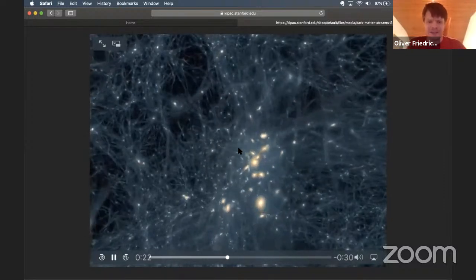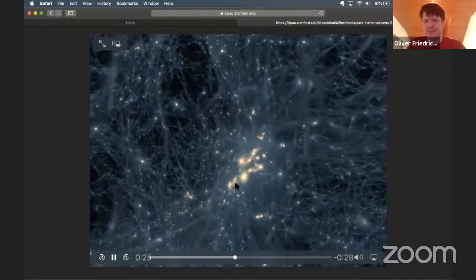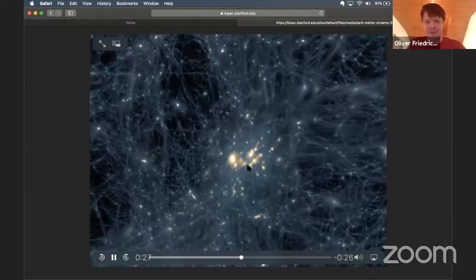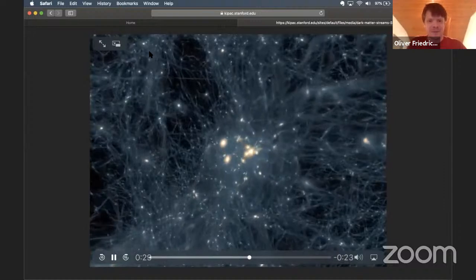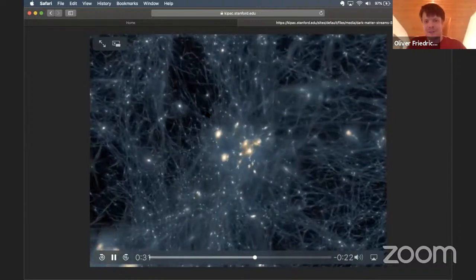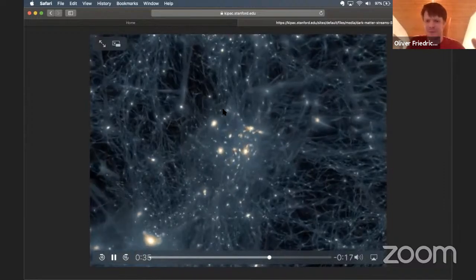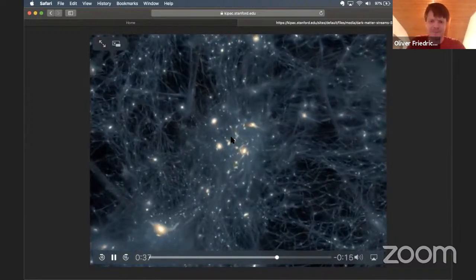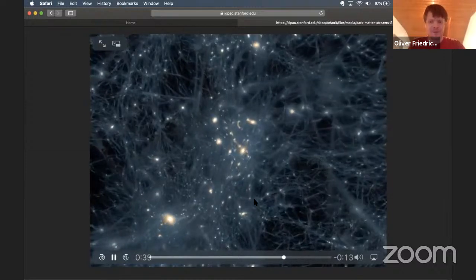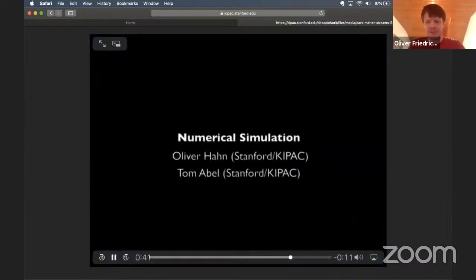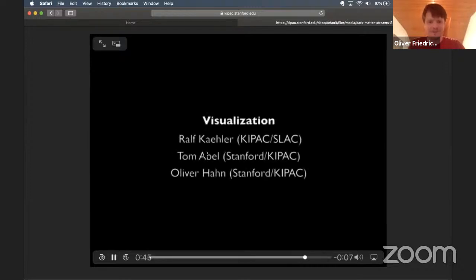And you see several galaxies will fall towards each other and even form clusters of galaxies. And in between these different overdense objects, you will actually see filaments of matter. And in between those filaments, these voids that I talked about initially. And here you see the people at Stanford University that have put together this animation.